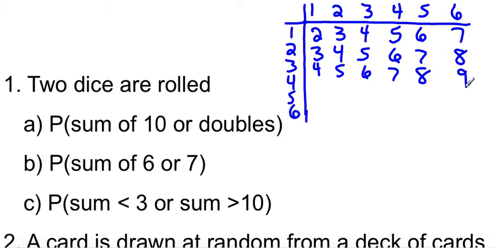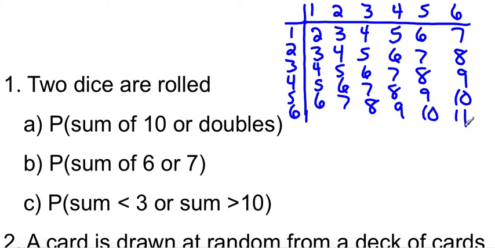Hopefully you see a pattern here and you can do this a little faster. If you roll a 4 and a 1, there's a 5. A 5 and a 1 is a 6. And if you roll a 6 and a 1, that's going to start here. So this will just be a little helpful table to reference as we're doing these problems.